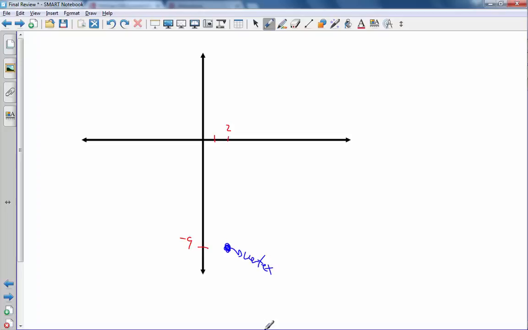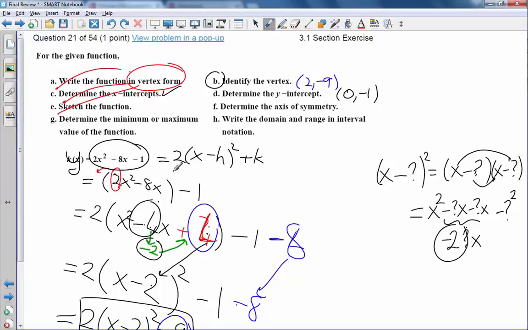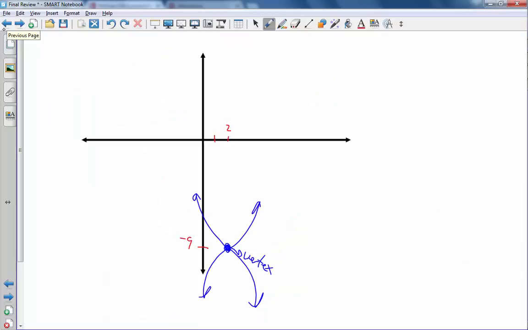What's going to happen from vertex? Either your plant is going to grow up, upward opening, or it's going to grow downward. You have a 50-50 chance. Well, it's not a 50-50 chance if you know what this number means. It's positive, which means it's growing up.